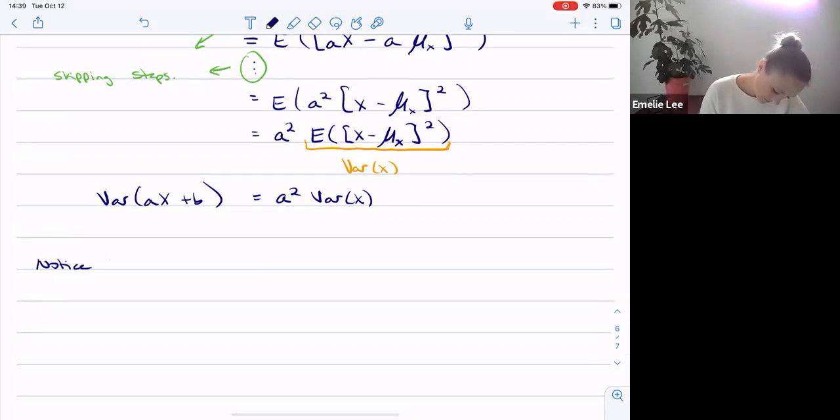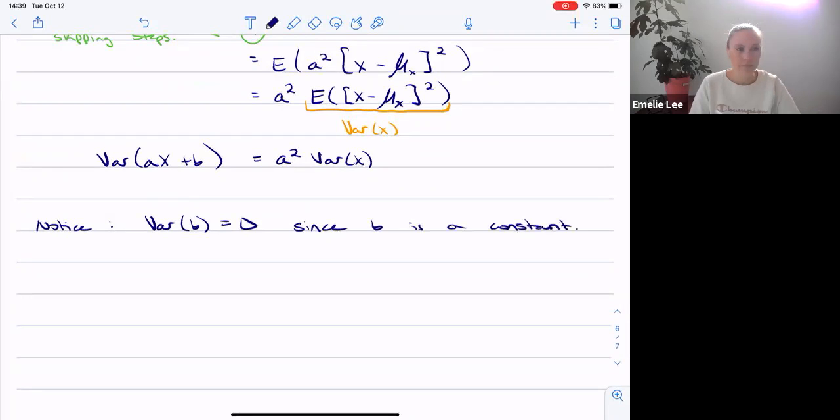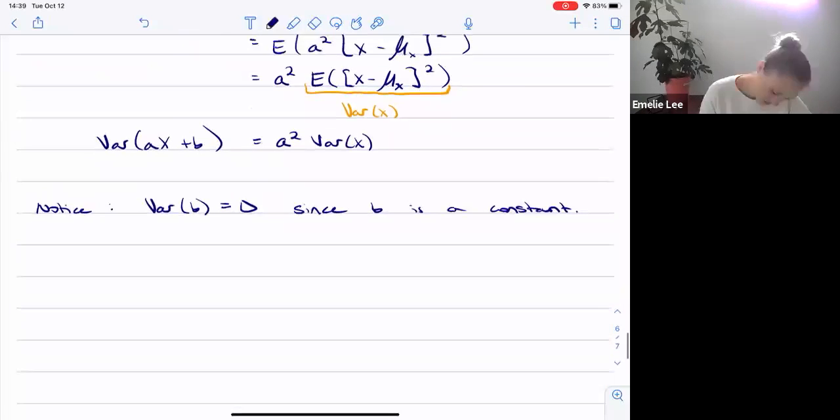Notice that the variance of b is 0 since b is a constant. Okay. So in my mind, this is how the variance distributes.